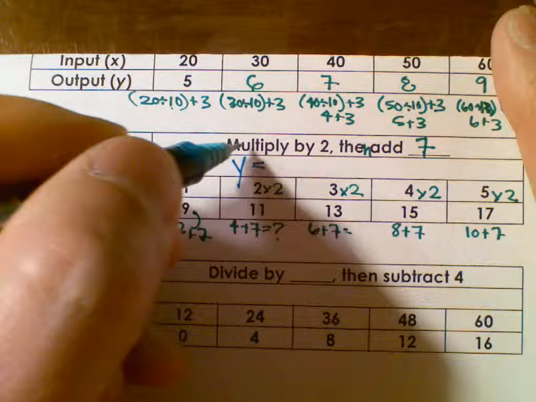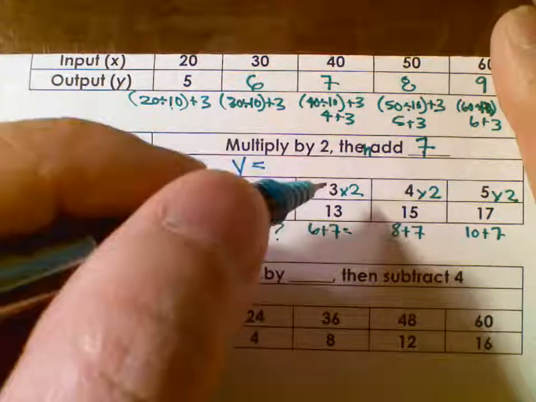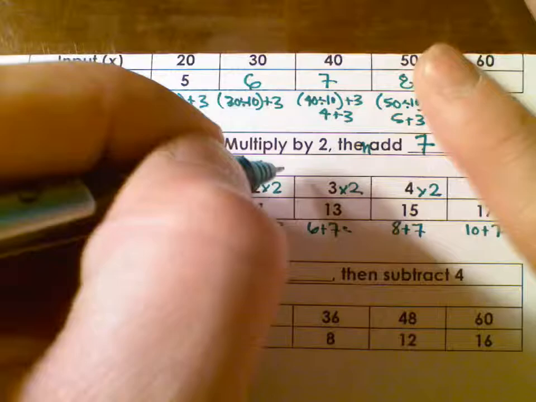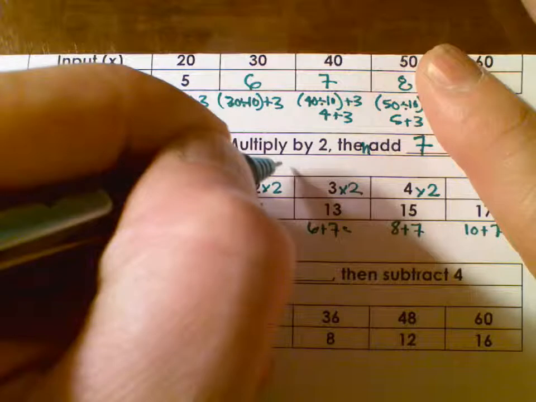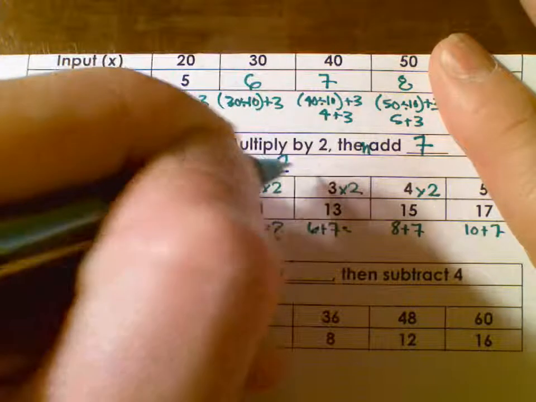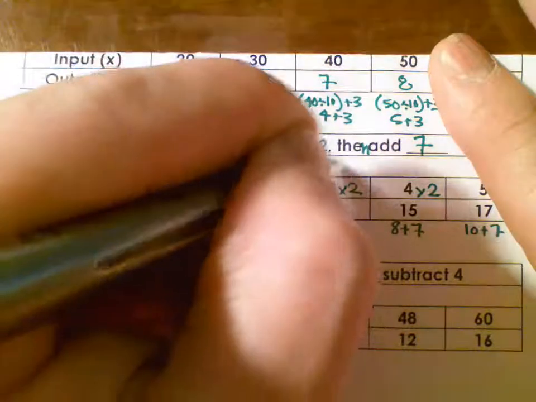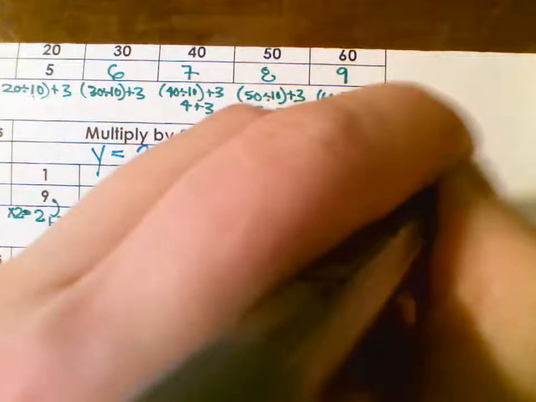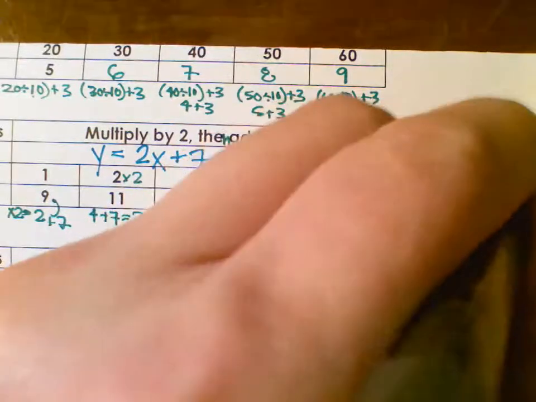We multiplied it by 2, and then we added 7. So let's just write it like we talked about. Multiply by 2. So we're going to take 2 and multiply it by our variable x, and then we add 7. 2x plus 7. Now, boys and girls, you might think that you could just write y equals x2 plus 7.